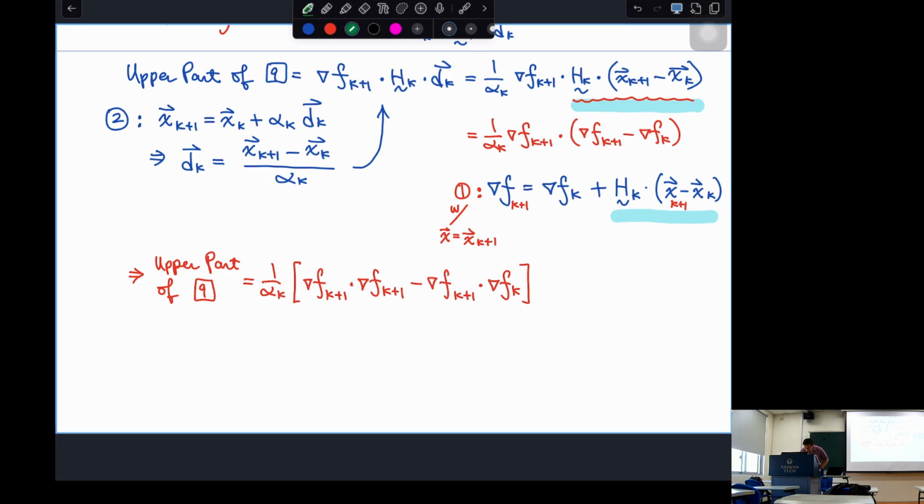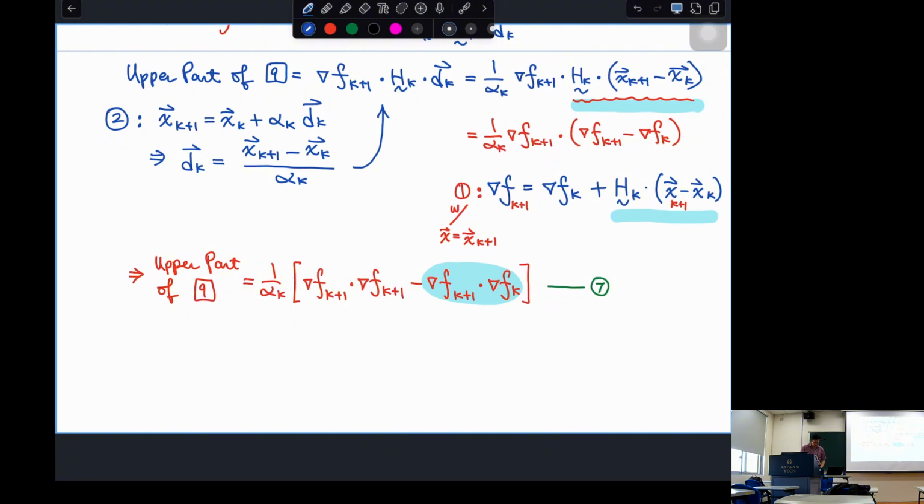Let's call this equation 7. Right here, we are going to handle equation 7. Inside equation 7, there are 2 terms. We're going to handle the second term.